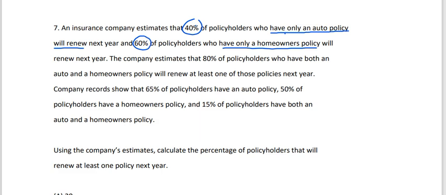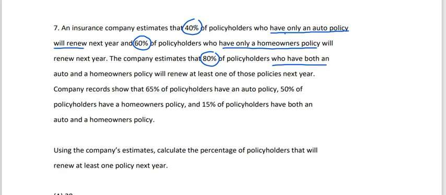And for those people who have both, so much percent will renew. So we split people into 3 parts. Some people have both, some people have only the auto insurance policy, some have only the homeowner insurance policy.